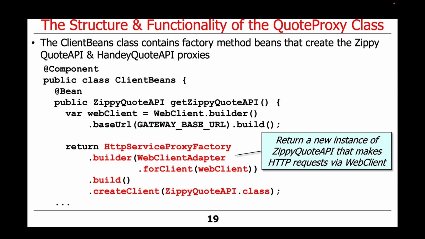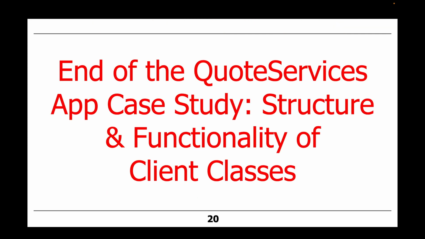That's what gets auto-wired into the QuoteClient proxy class that we had to write because there's no support for dynamic path updates in HTTP interface, which is very annoying. So that's the overview of the structure and functionality of the client classes. Next, we're going to go and walk through the implementation of all the code on the client side.